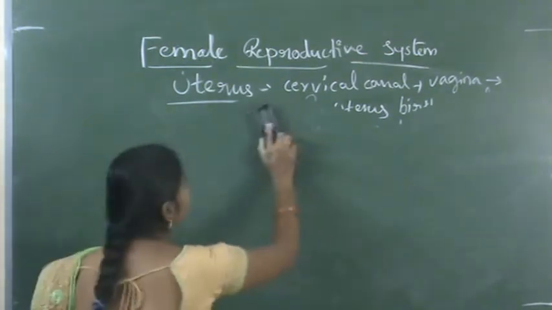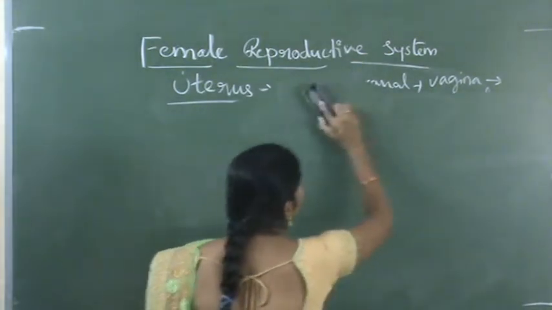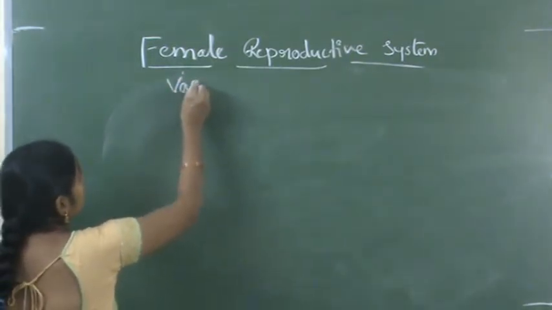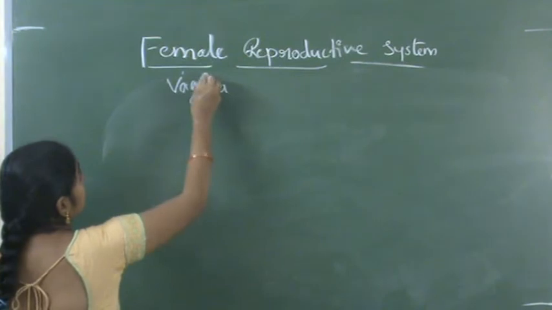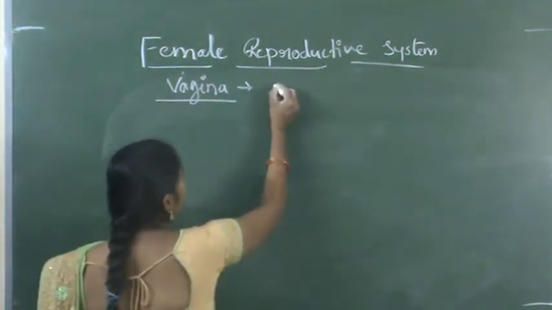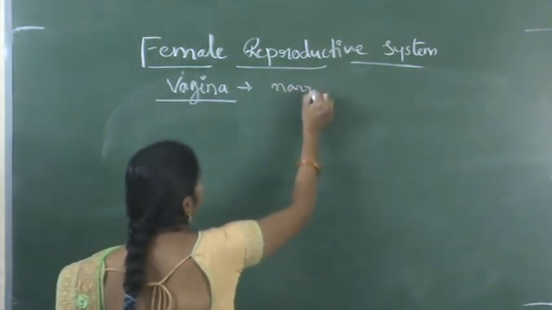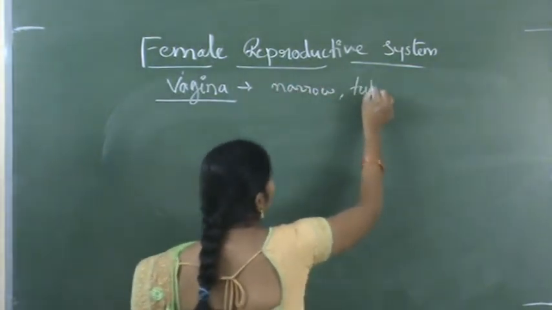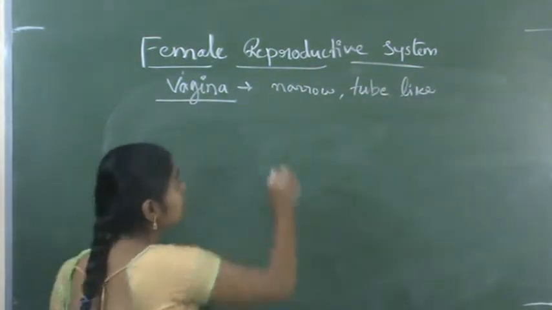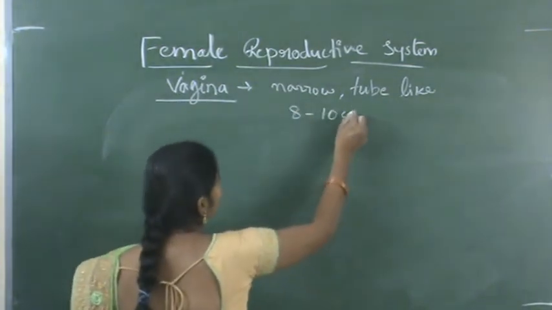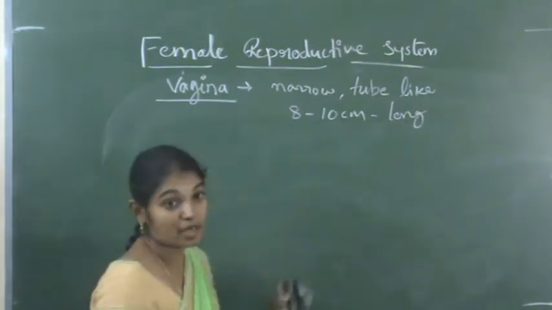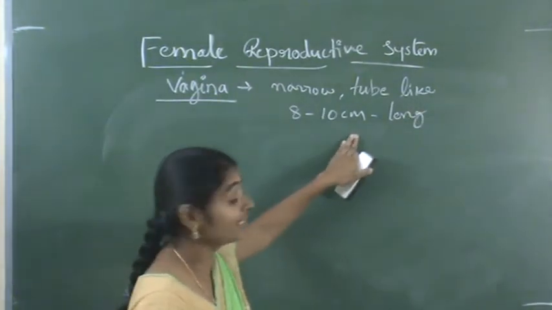The next part of the female reproductive system is the vagina. The vagina is a narrow tube-like structure, about 8 to 10 centimeters long.